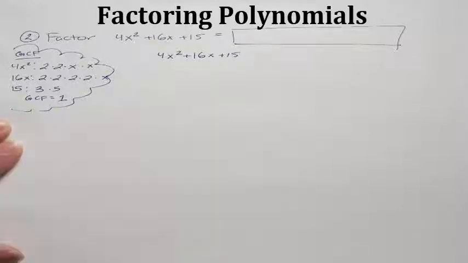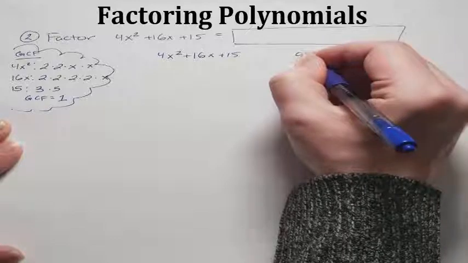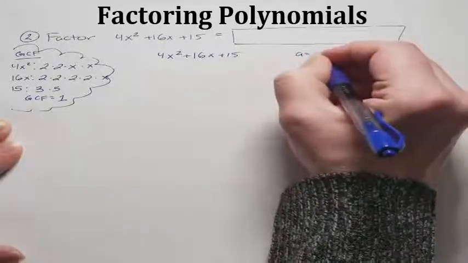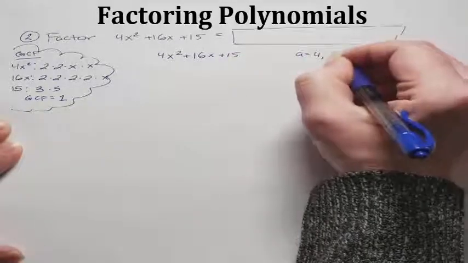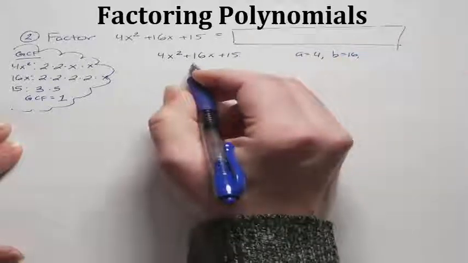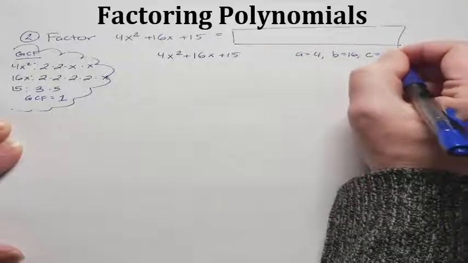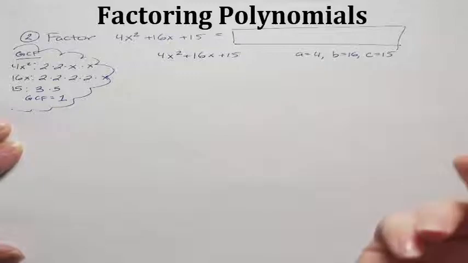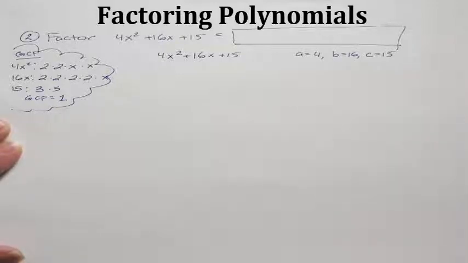So step 1 was to find my GCF. Step 2 is to find my ABCs. So I need to find my A. My A is a positive 4. My B is a positive 16. And my C is a positive 15. Now that I know who my ABCs are, I need to come up with the list.